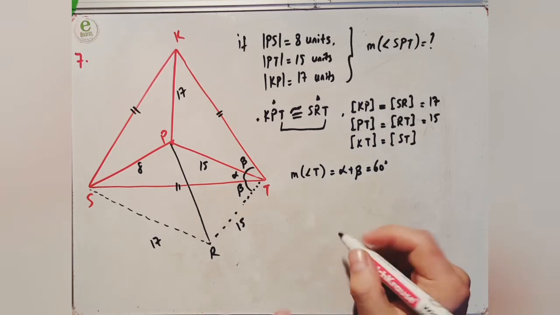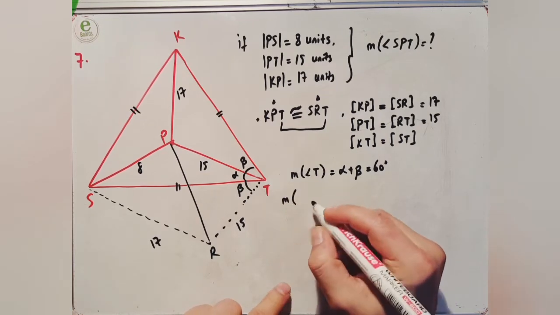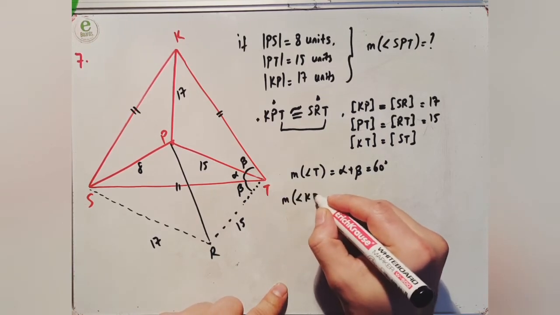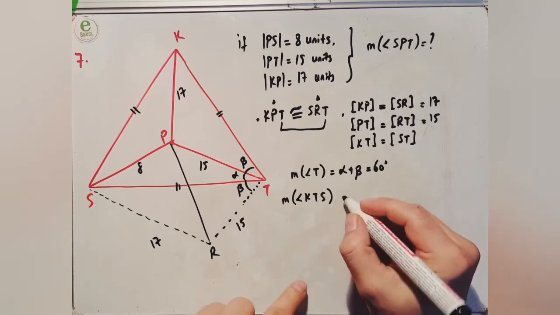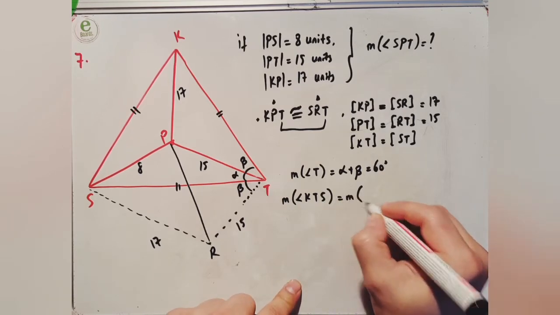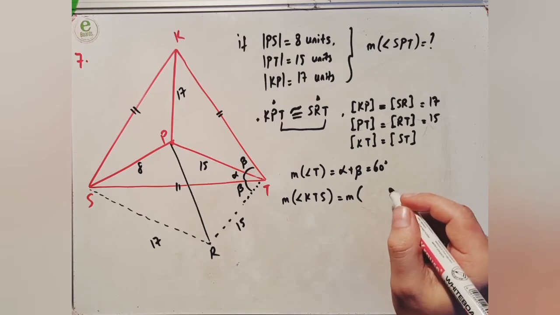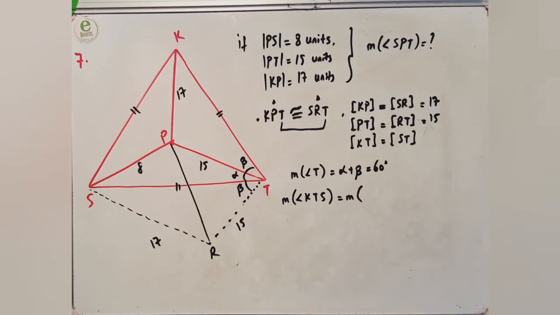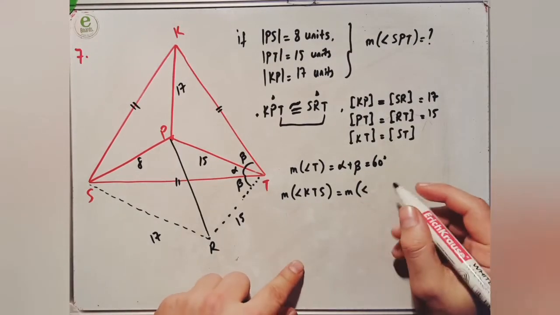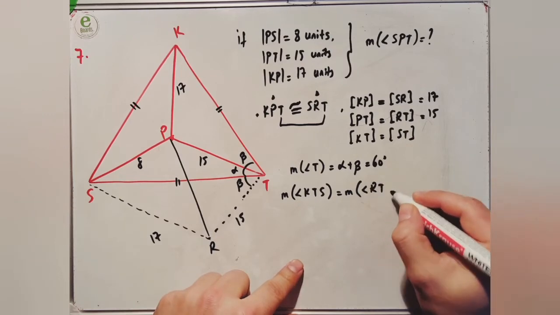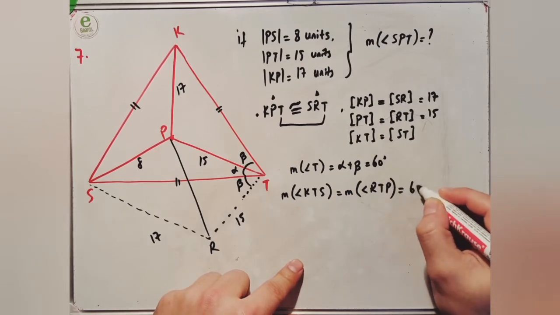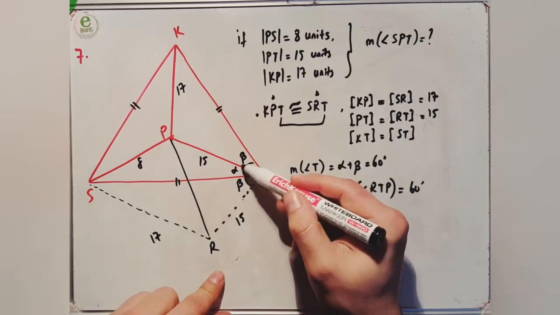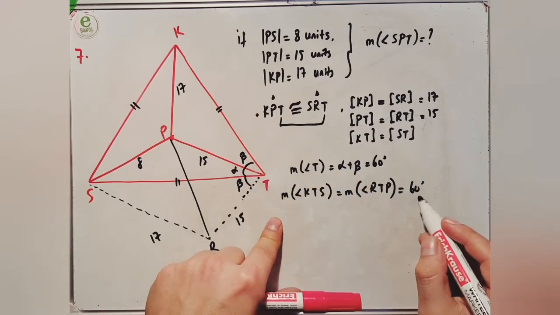So it follows that the measure of angle KTS is equal to the measure of angle RTP, which is equal to 60 degrees, because alpha plus beta here is also 60 degrees.